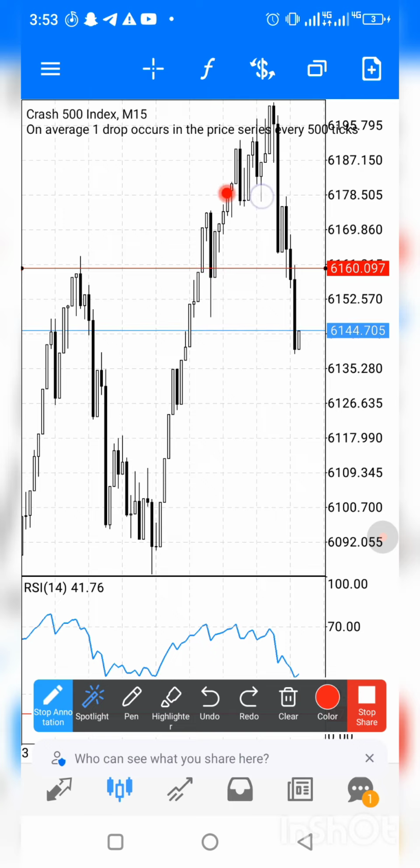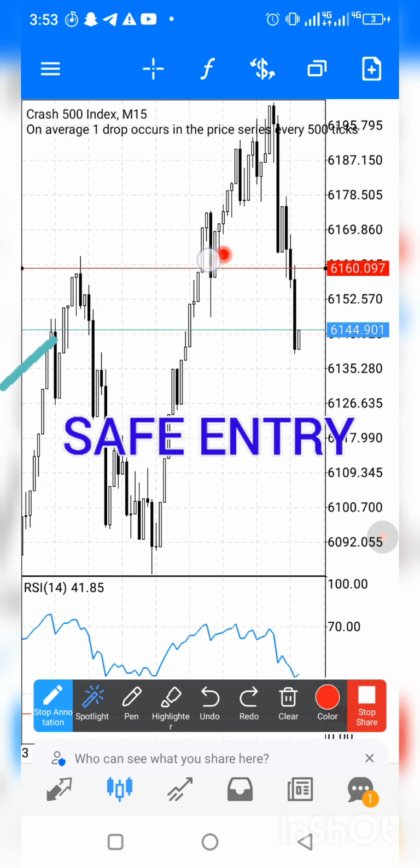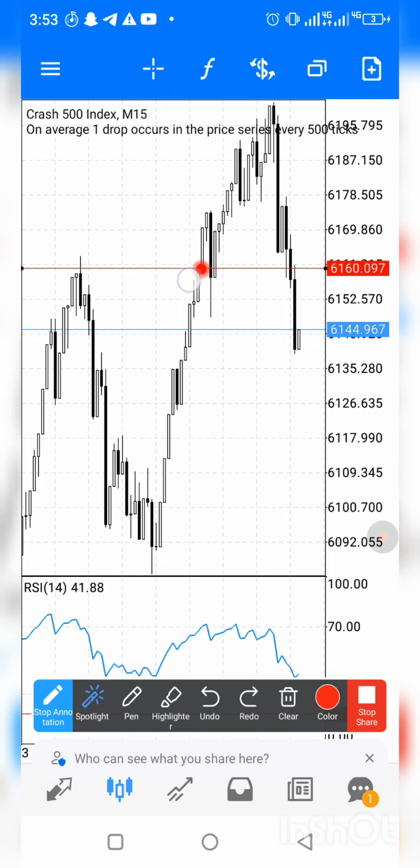The first trade on a resistance point is what I always like to call my safe entry. A safe entry is a zone where even if it breaks above or beyond it, it always finds its way back towards it, or at least halfway. So this becomes our safe entry, the very first resistance point.